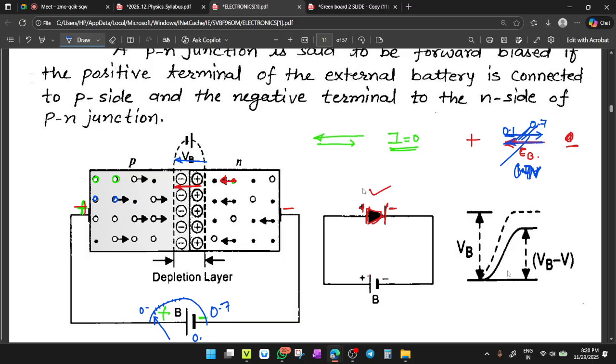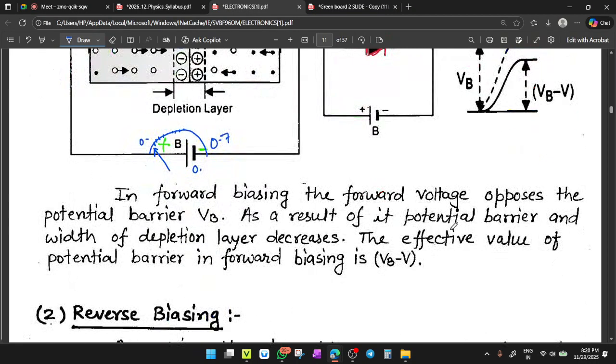Clear? Because the outside electric field we have applied cancels the inside electric field. This eradicates all the barrier potential VB, and your external electric field has an impact, so the holes will move towards the N region and the electrons will move towards the P region.